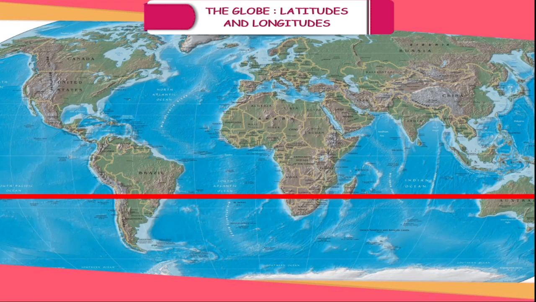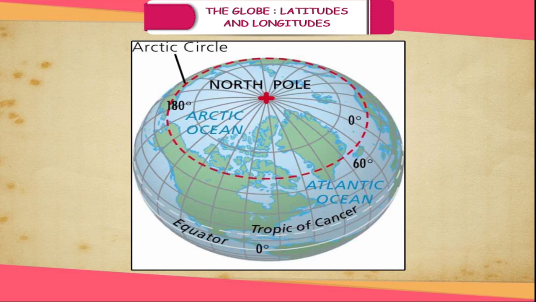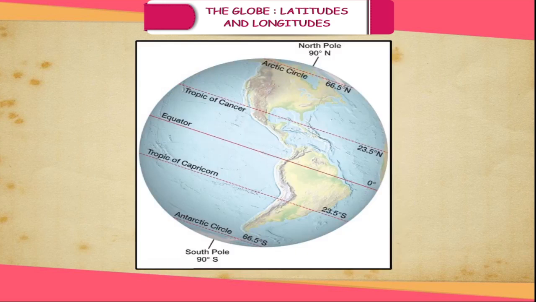B. Tropic of Capricorn, 23.5° south, in the southern hemisphere. C. Arctic Circle, 66.5° north, north of the equator. D. Antarctic Circle, 66.5° south, south of the equator.